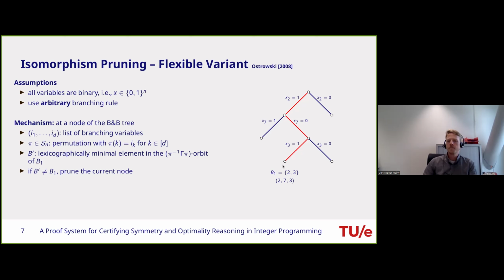Then again, I prune a node if the set of one-branching decisions is not the lexicographically minimal element in a conjugated symmetry group with respect to a reordering of the branching variables. But the idea is in principle the same. It only gives me a more flexible way of defining these orders. So instead of agreeing upfront on a lexicographic order, we can now have different lexicographic orders throughout the branch and bound tree, which allows us to derive potentially more symmetry reductions.